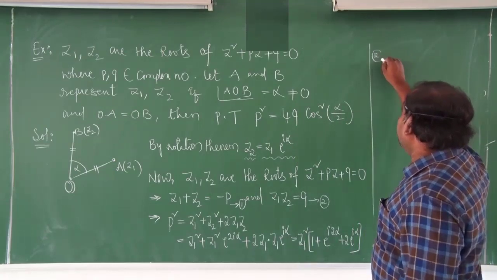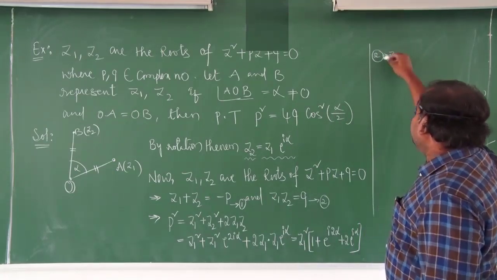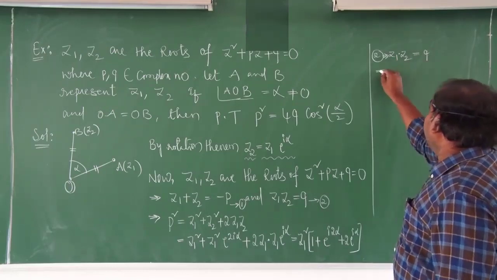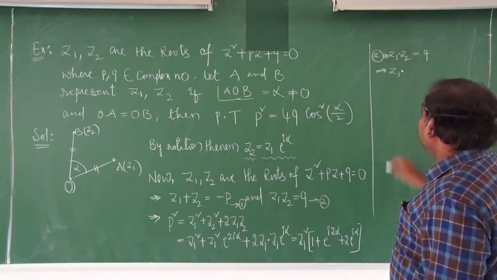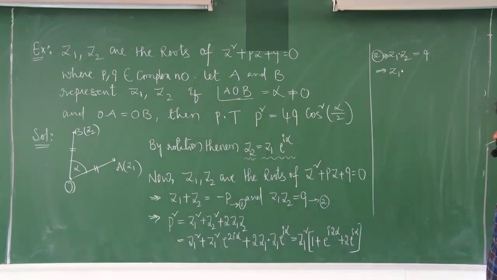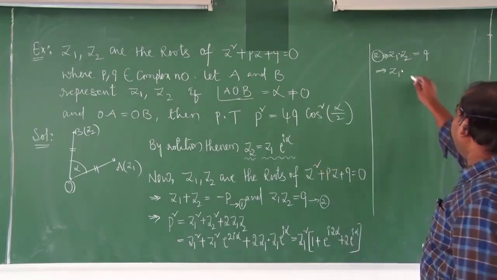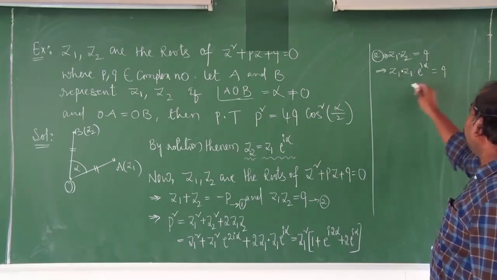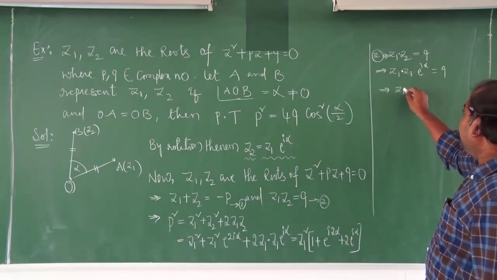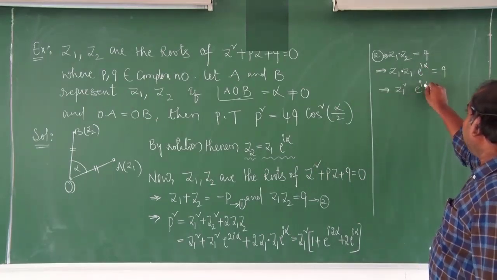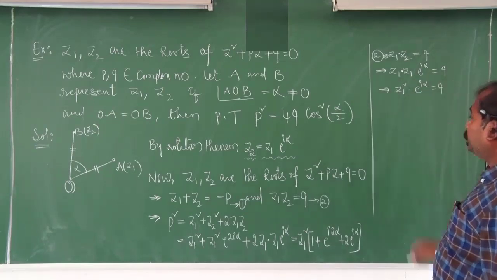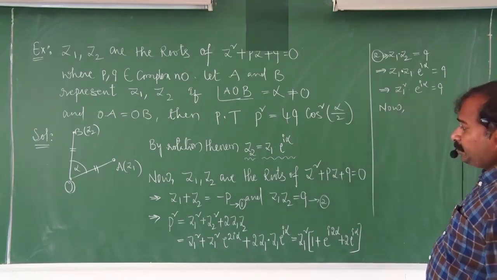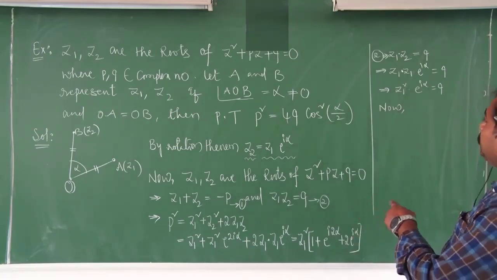From equation number 2, z1 into z2 is equal to q. What is the z2 value? Nothing but z1 e power i alpha. So z1 e power i alpha is equal to q. Now z1 square into e power i alpha is equal to q. Now we can do p square by q.